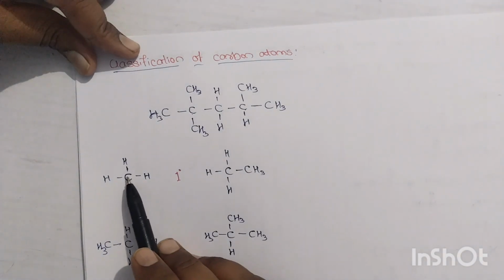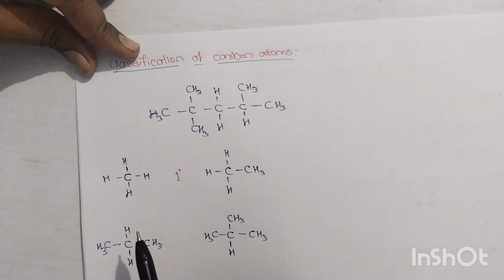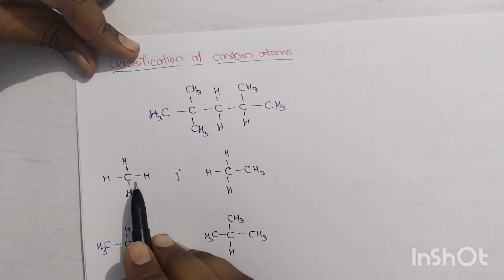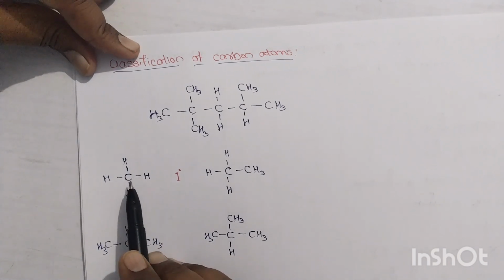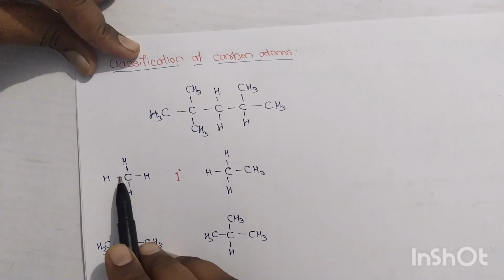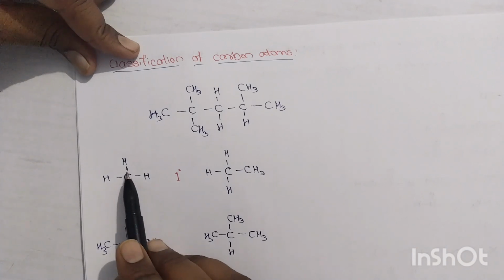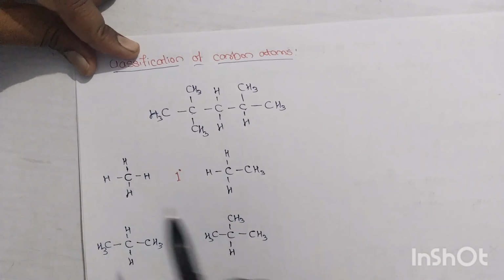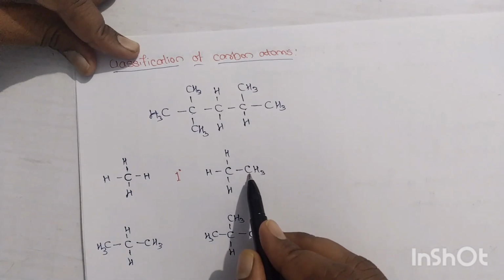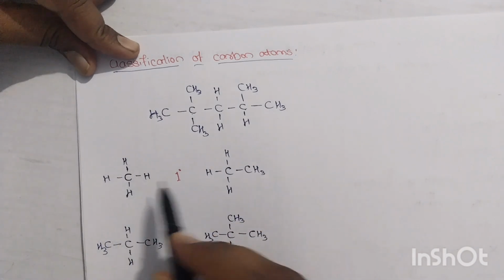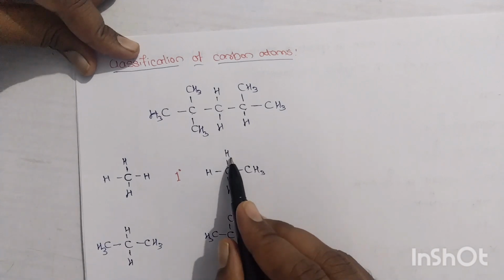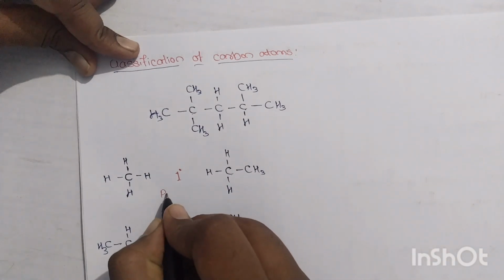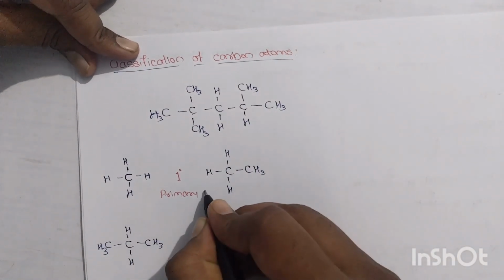We know that the valency of carbon is 4, so it can make 4 covalent bonds with other atoms, either hydrogens or carbons. If a carbon can make only one bond with another carbon, and it has 3 hydrogens, then this carbon is called a primary carbon atom.